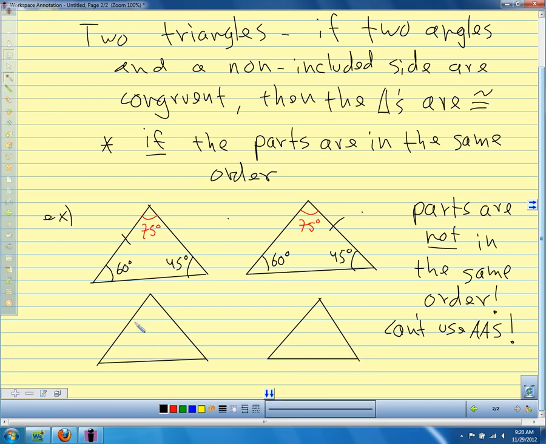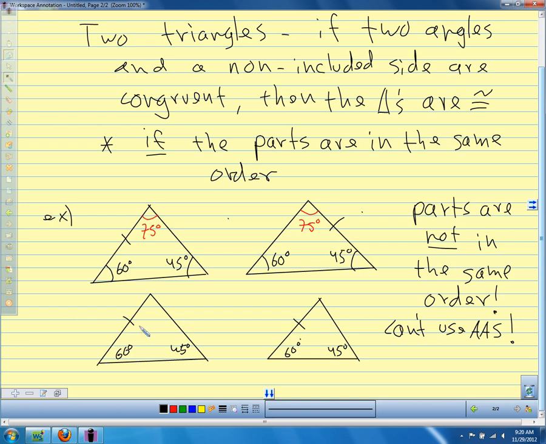So if we had 60 and we had 45 on both triangles, like so, and we had them like this. Is this what you're asking, Preston? If we had it set up like this?